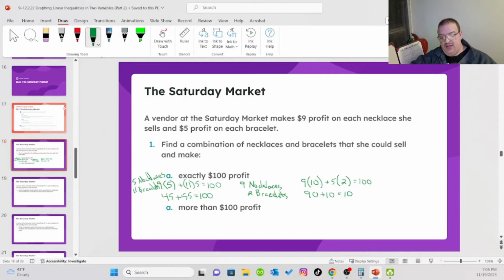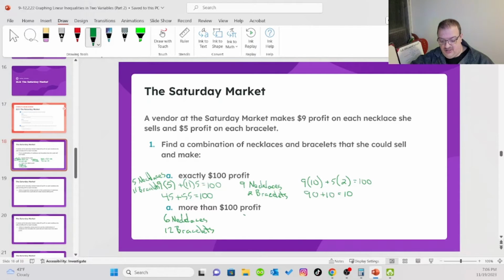Now they want a combination that makes more than $100 profit. And there's actually an infinite number of possibilities here, because anything greater is going to do just fine. So I could take and add one more to each, and I could say 6 necklaces and 12 bracelets.